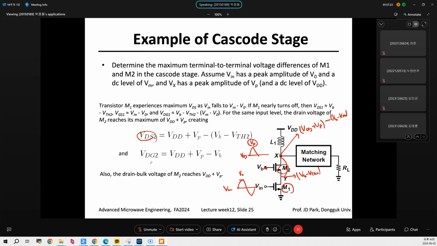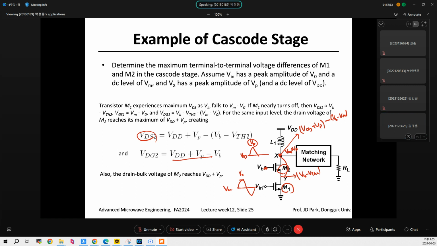In this case, what is VDG? The difference between this and this. Since this is VDD plus VP, and this is VB, the difference is this. How about transistor M1?